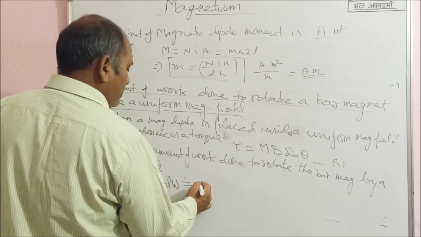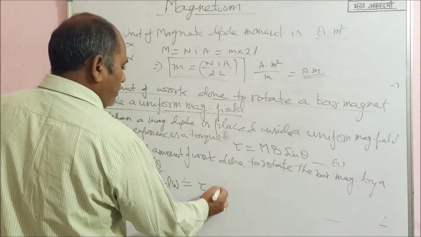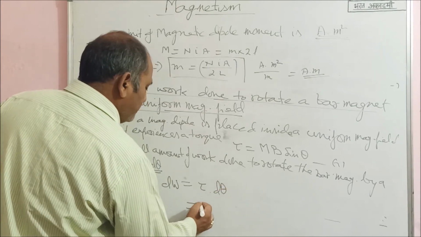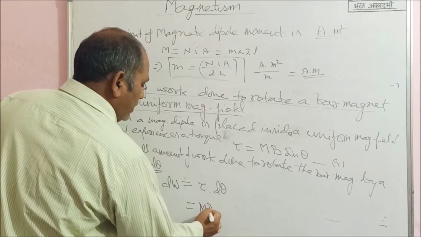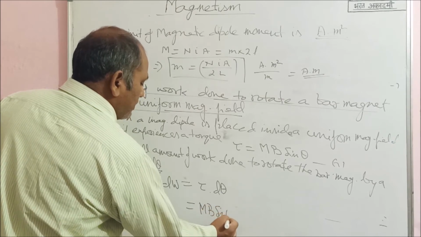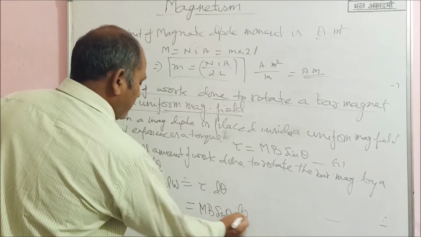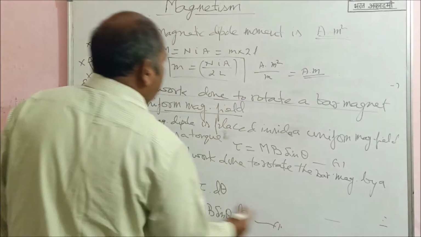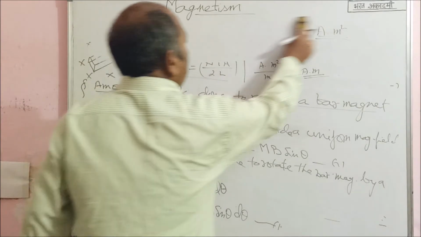In rotational motion it is torque into angular displacement, tau d theta. So what we have got is dW equal to MB sine theta d theta. This is the small amount of work done. Now we want to calculate the total amount of work done.